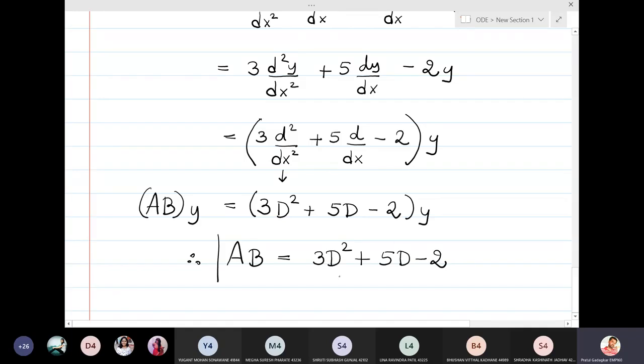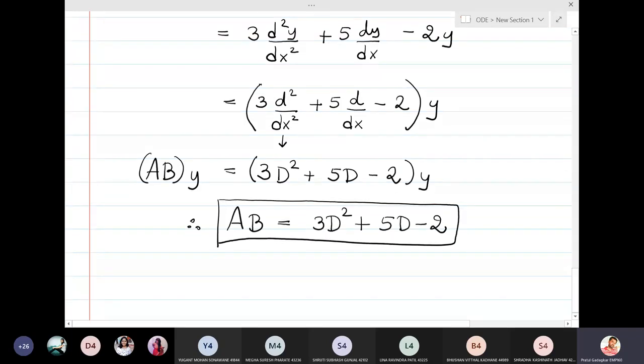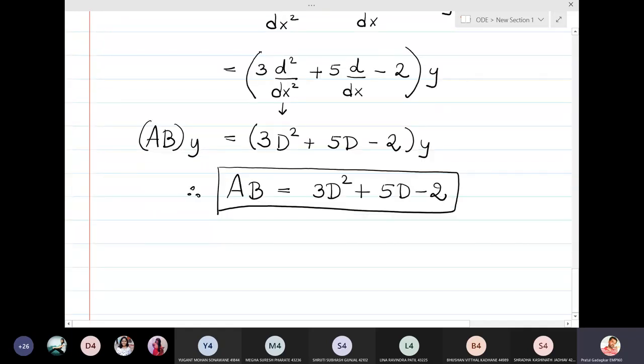Now after doing all this lengthy calculation, what I understand is that if I have AB, what is A? A is D plus 2 into 3D minus 1.